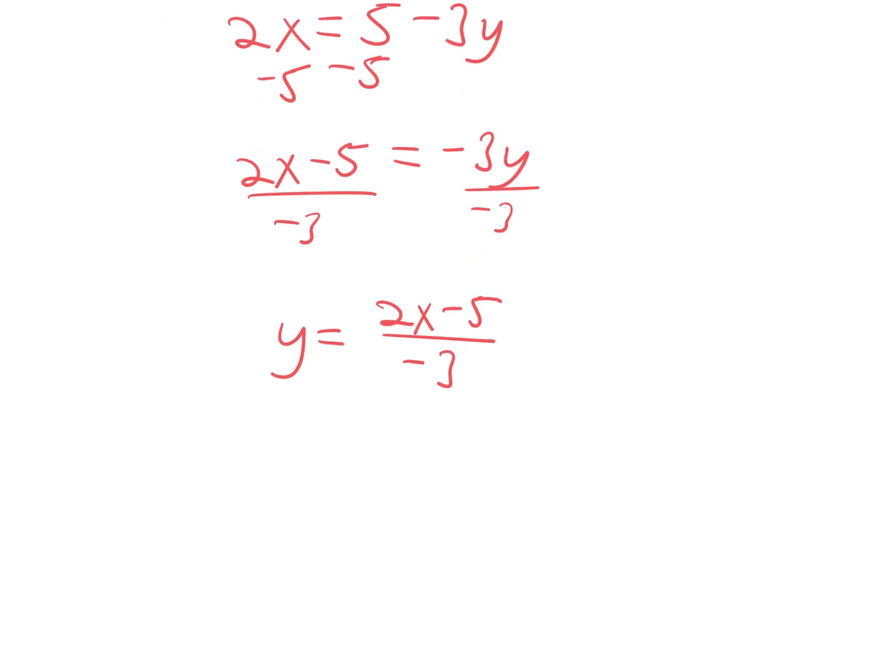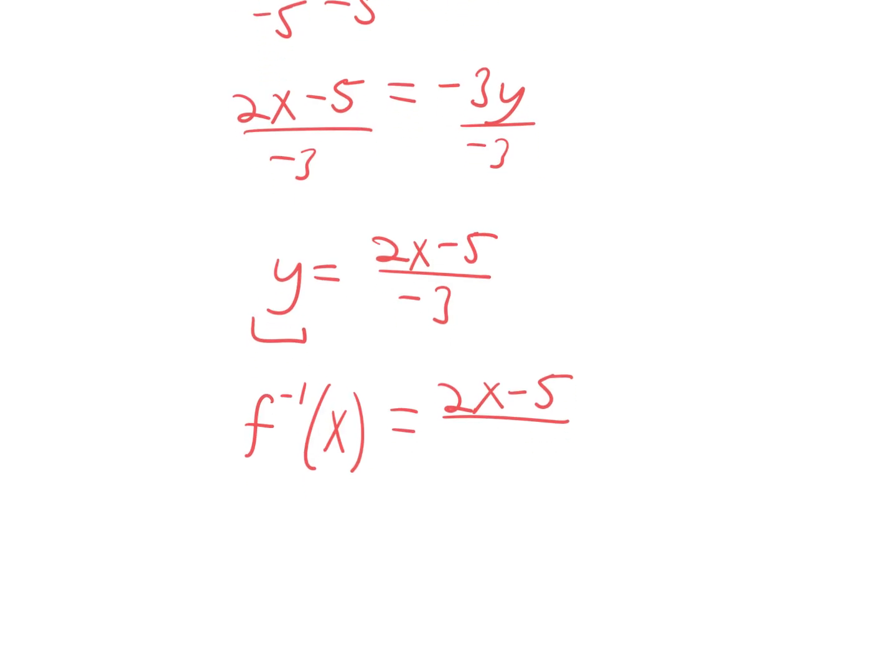Right? You wouldn't leave it like this, because this isn't the y that showed up in the original function. You actually have to change this back and say this is f inverse of x. And then you can write your answer. So that f with the little negative 1 represents the inverse of f.